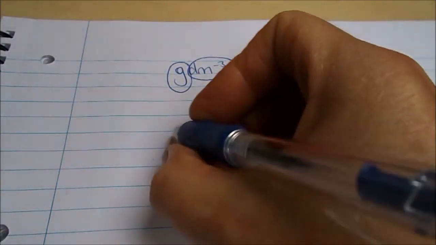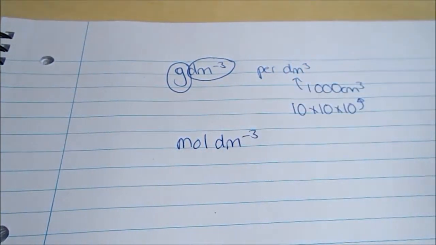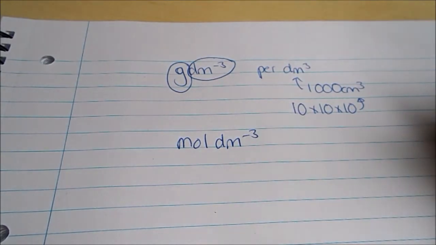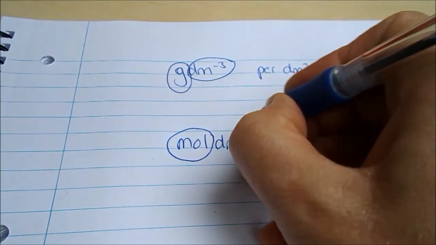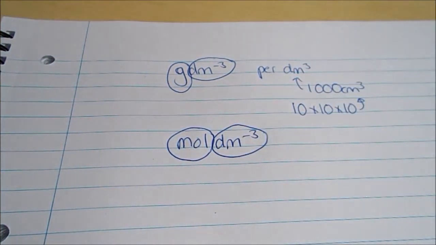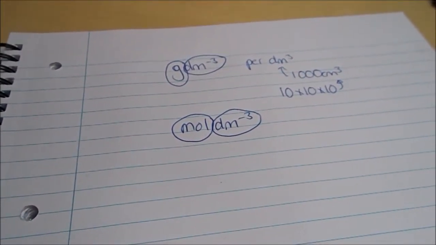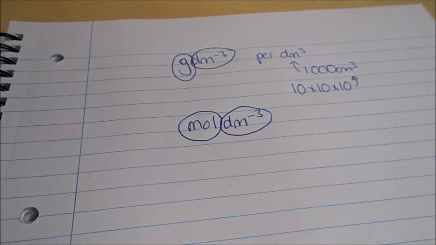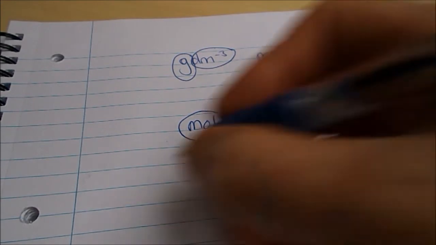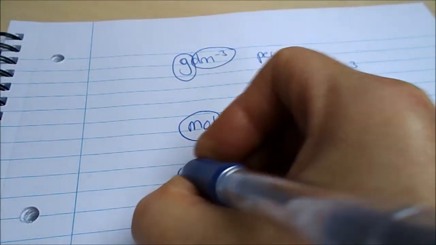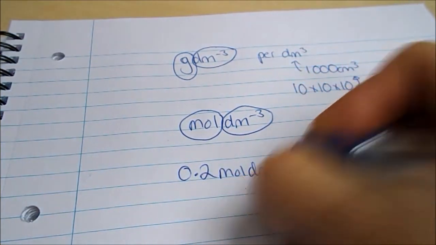So we're going to look at new units, and that's mole dm to the minus 3. Along the same idea as our grams dm to the minus 3, we can decipher that. It means how many moles we've got per decimeter cubed, so per 1,000 centimeters cubed. A typical label on a bottle might say, let's say with our hydrochloric acid in the lab, that it is 0.2 mole dm to the minus 3.